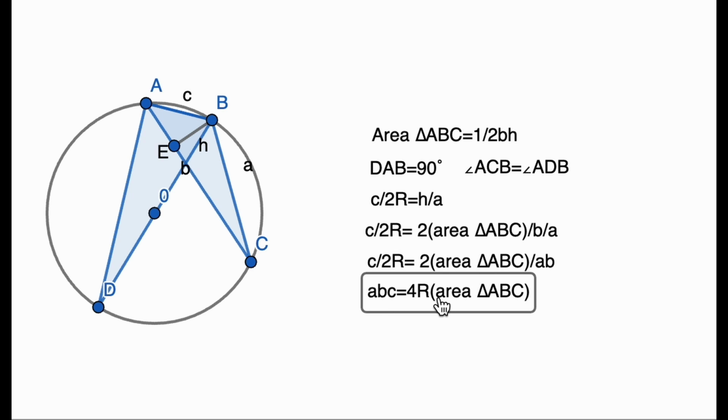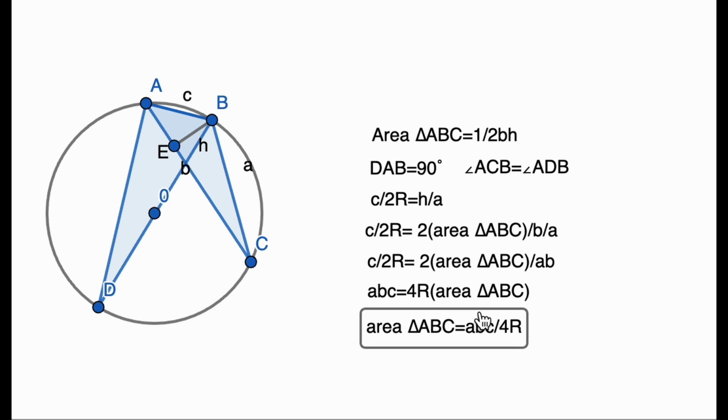ABC equals 4r times the area of ABC. And now, if we divide everything by 4r, we get the formula. So finally, we can get A times B times C over 4r equals the area of triangle ABC.